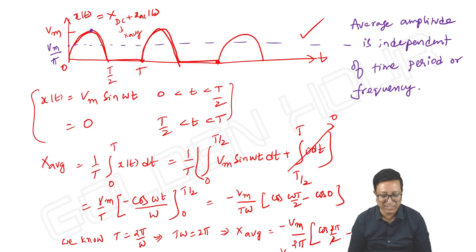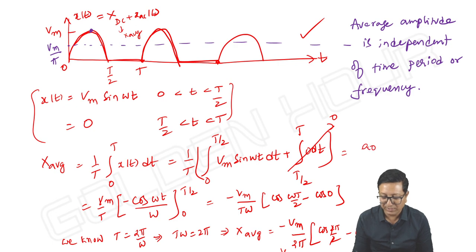The DC or average value is given by this, or I can call this A0. In Fourier series language it is A0, a constant term. In signals and systems or networks or analog, a constant term means a DC term.